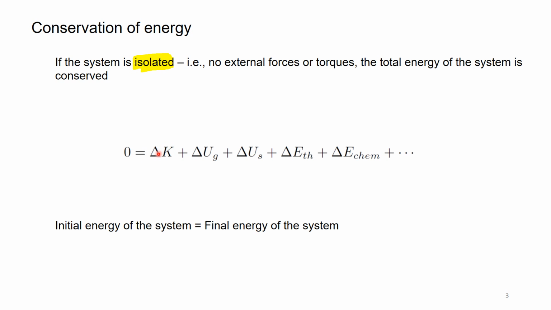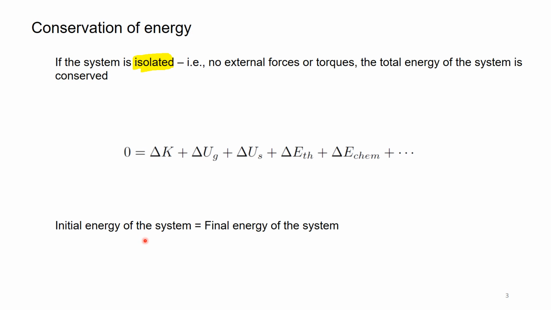That's basically saying the energy in the system should not be changing. It can change from one form to a different form. For example, some kinetic energy can become gravitational potential energy, or some gravitational potential energy can become spring energy, or any of the combinations here. But when you add up all the energy of every type, you will see that they add up to the same constant value. They are not changing.